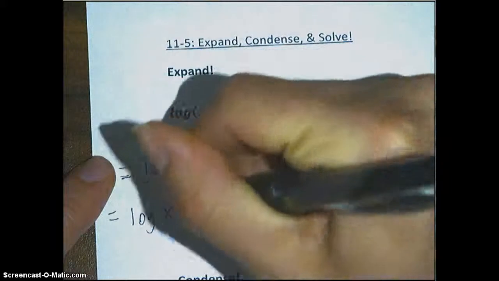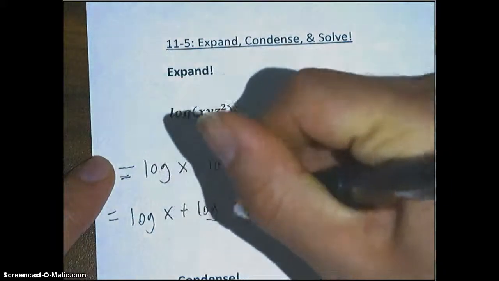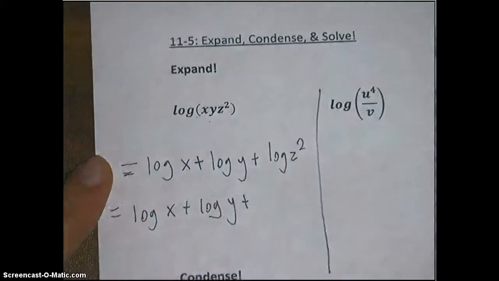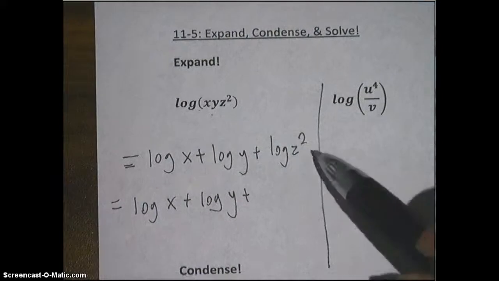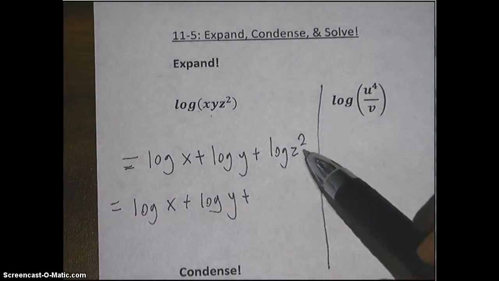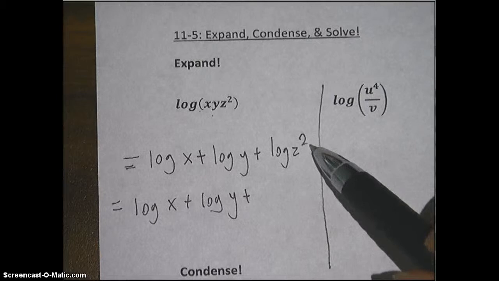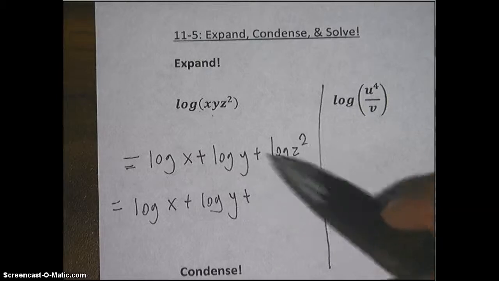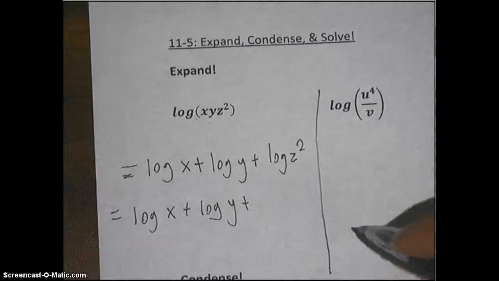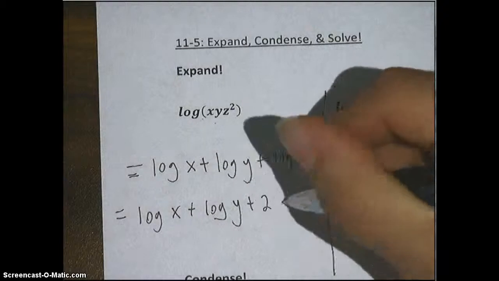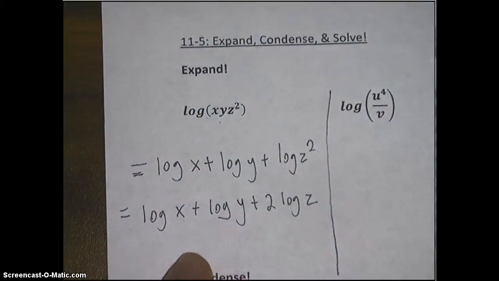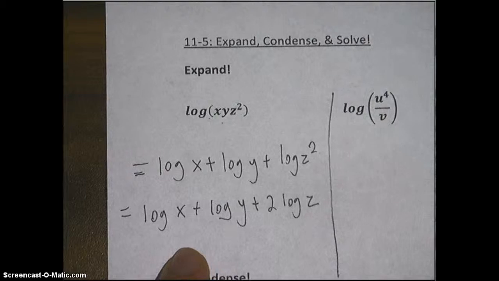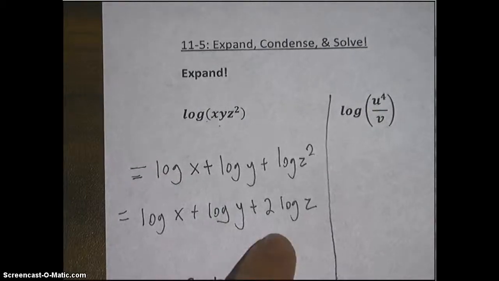Log of x plus log of y plus, because logarithms have another cool little rule. If you have a log of something and that something has an exponent, you can get rid of the exponent by moving it out front. For instance, I can move this 2 in front of the log of z. And this would be the fully expanded form of the original problem. Log of x plus log of y plus 2 log of z.